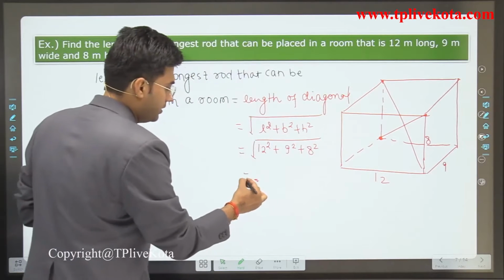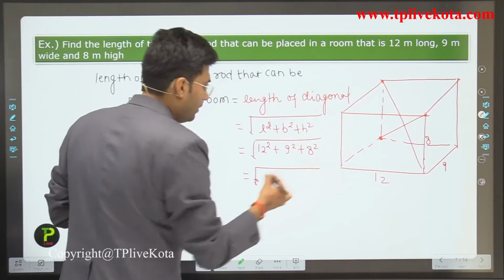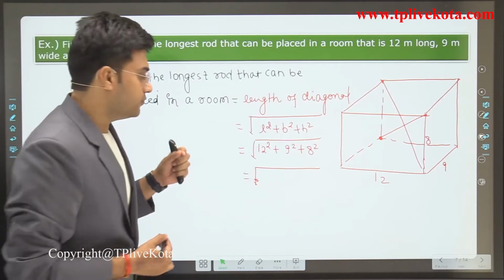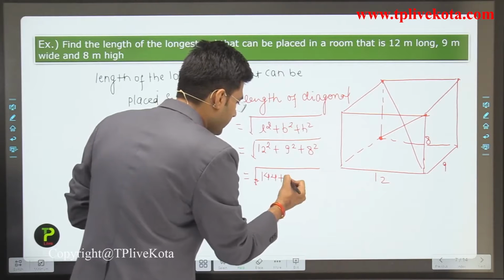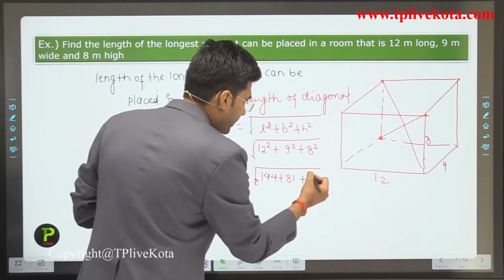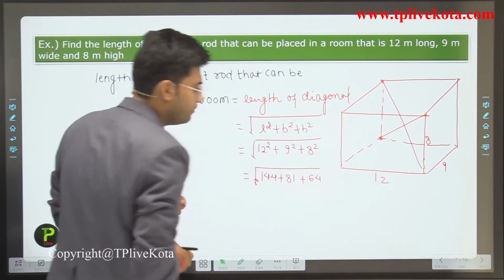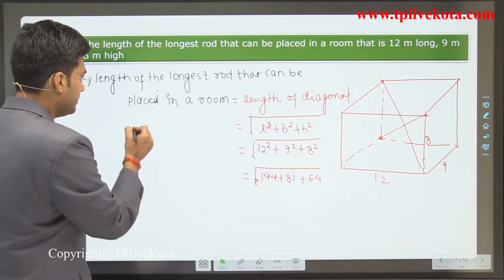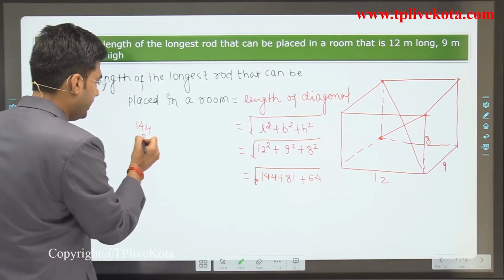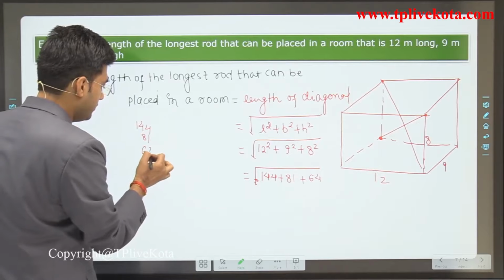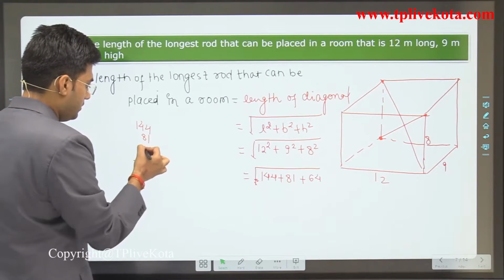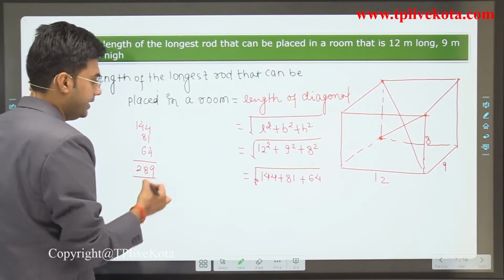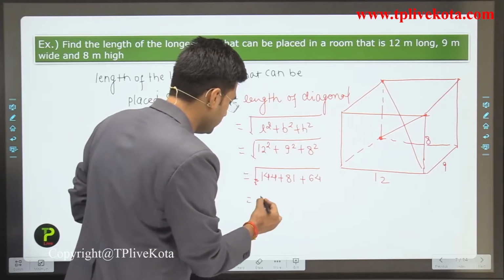Now let's solve this. 12 square is 144, plus 9 square is 81, plus 8 square is 64. So now let's add 144, 81 and 64. This is 289.